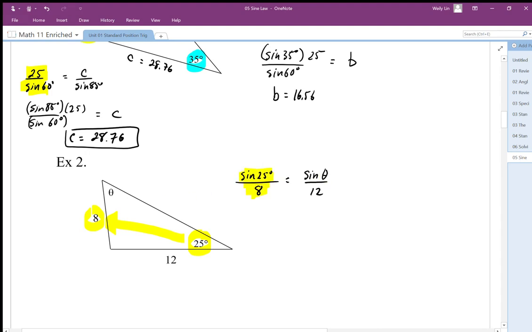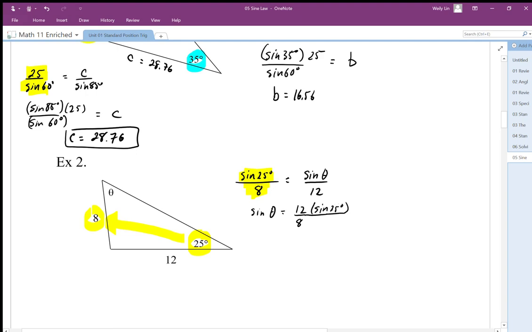In this case, I have to solve for the sine first. So I'm going to solve for sine theta. Sine theta is equal to 12 over 8 times sine of 25 degrees.